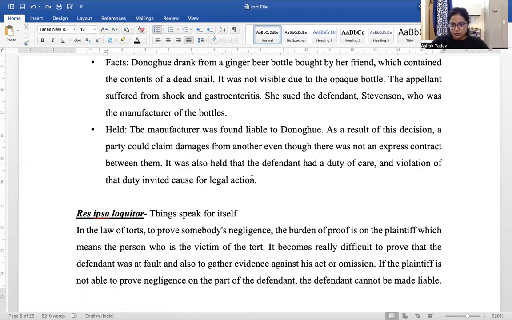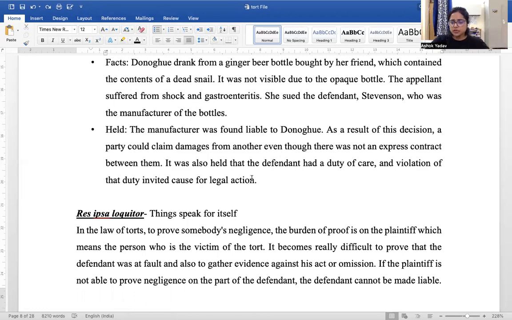So when the case was put against Stevenson, who was the manufacturer, he said in his defense that he did not have any contract with Donoghue. So the court said still you will be liable because you owe a duty of care towards your purchaser, right?